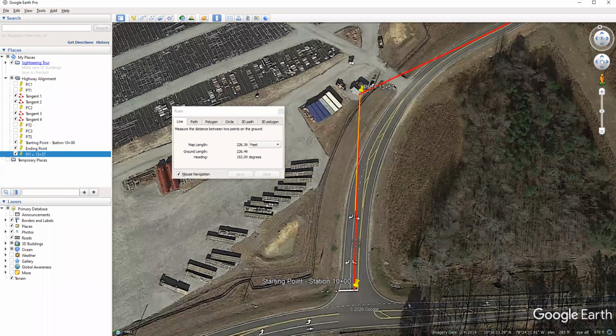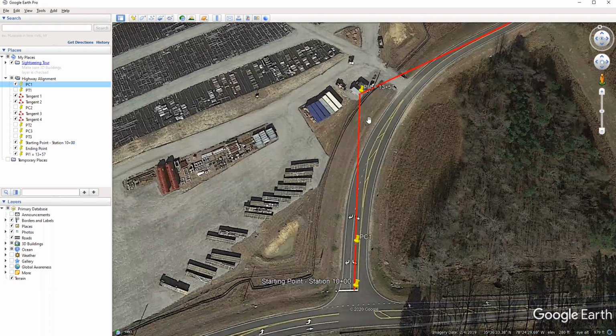And so our PC is going to be somewhere in this point here. So that's going to be our first PC, and there's a pen drop to show us where that is.